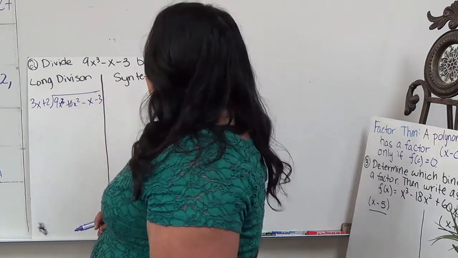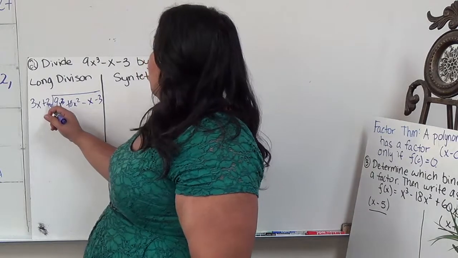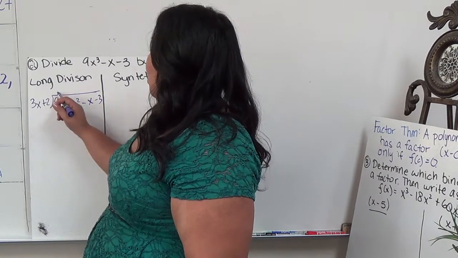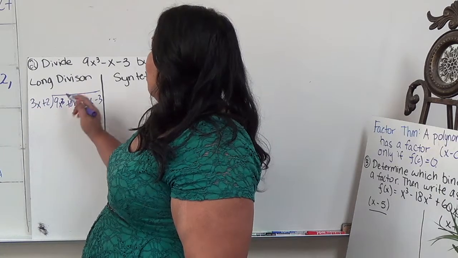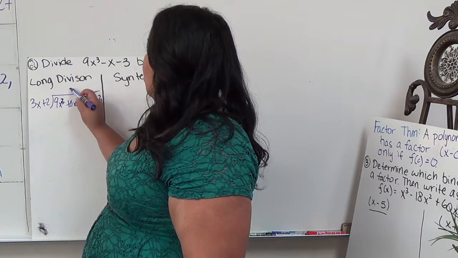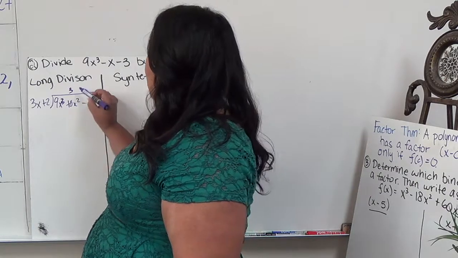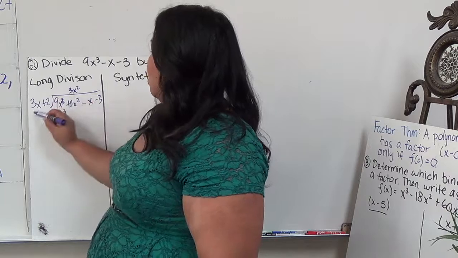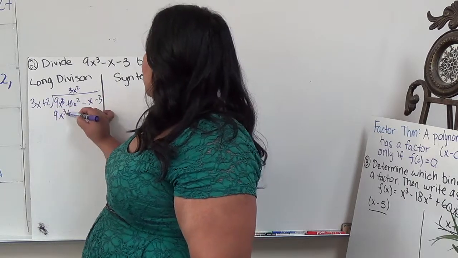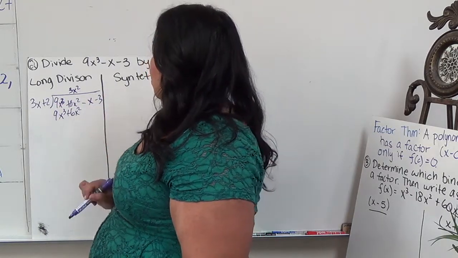I would do the same process. Sorry, I needed to multiply 3x by 3x squared. This gives me 9x cubed, and then 3 times 2 is a positive 6x squared.